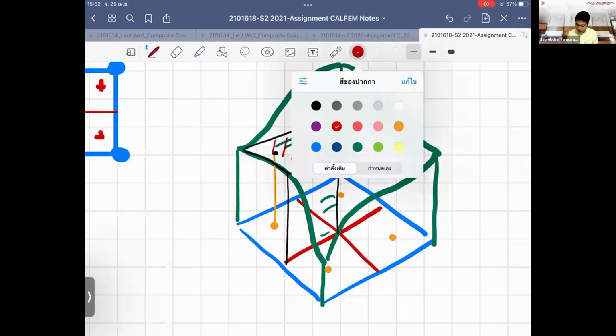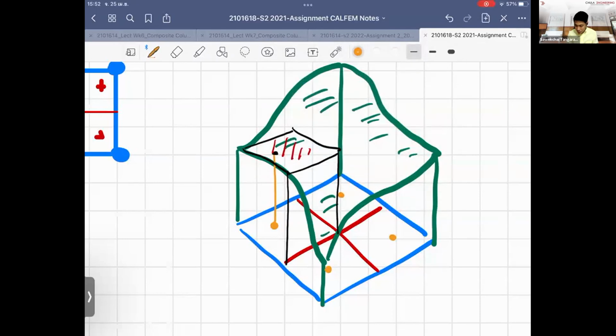Similarly, we have another stress value at the Gauss point, so it might project the stress value up to this level.